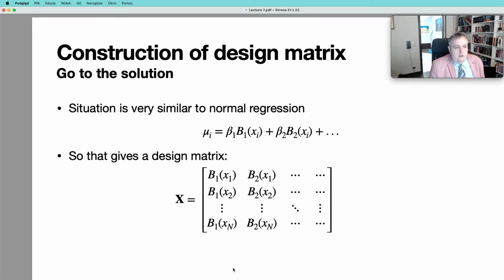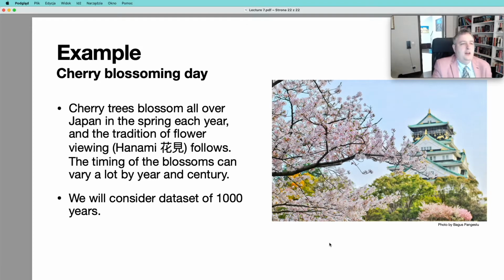So this is a very easy design matrix, and because it's May, we can use the nice spring topic, which is actually one of the oldest data sets that we have. We have a data set of over 1,000 years, because in Japan there is a tradition of viewing the blossoming of cherry trees, and it was recorded in multiple records for over 1,000 years.